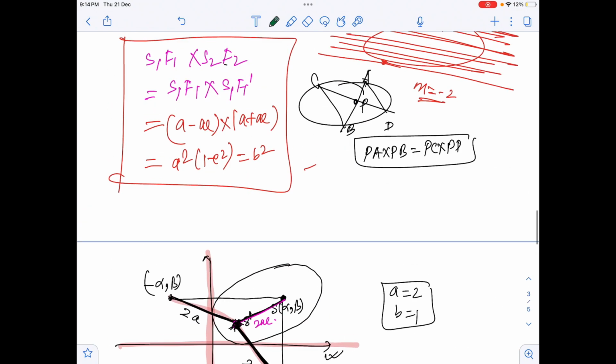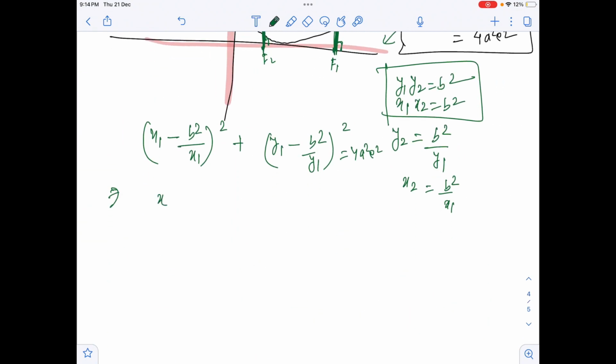Now in this particular case, b value was 1 and a was 2. So if I put this, (x1 minus 1 by x1) whole square plus (y1 minus 4 by y1) whole square is 4 into 4 into e square.